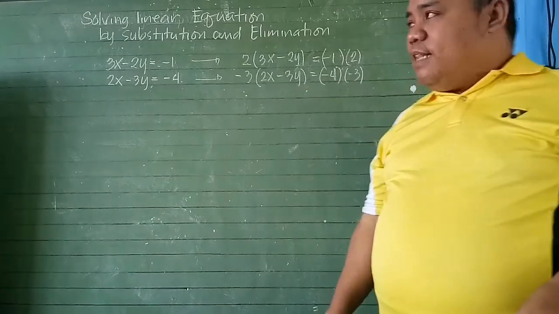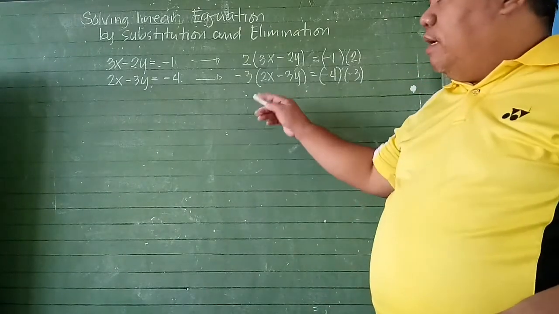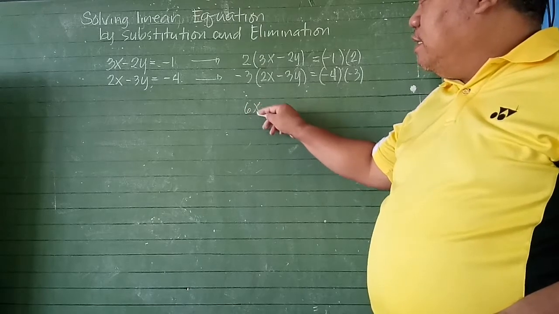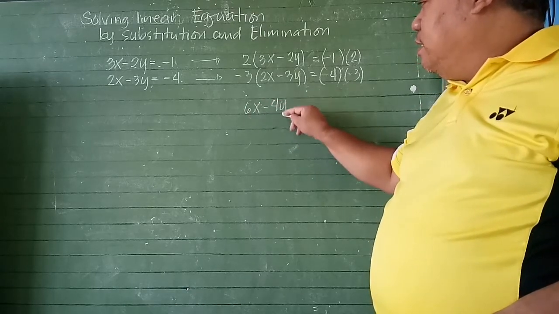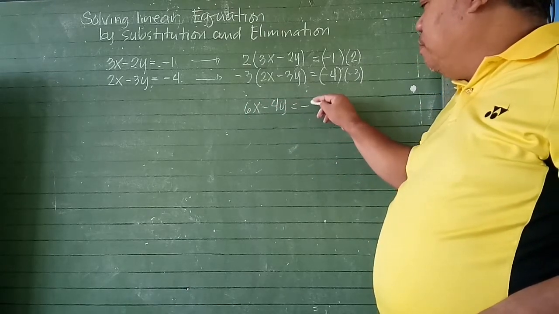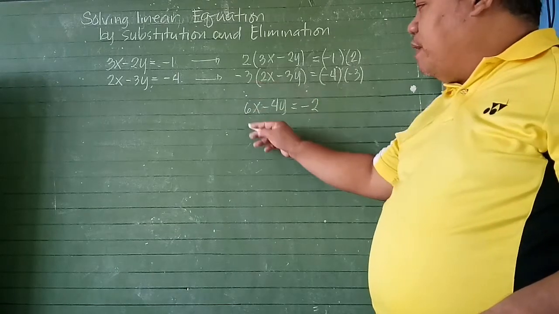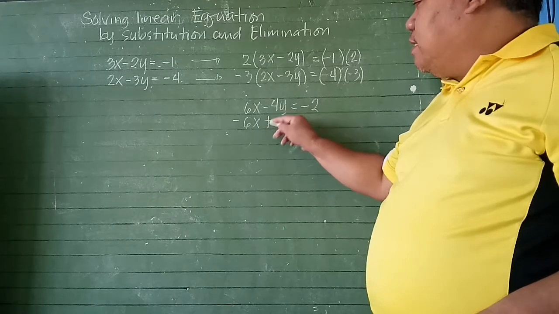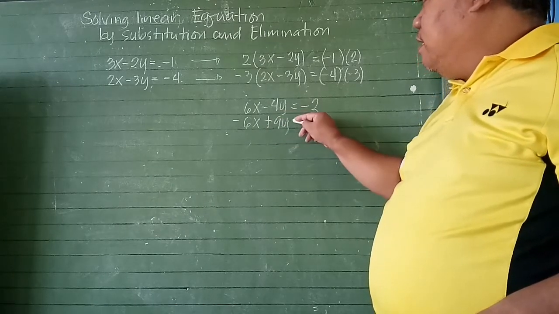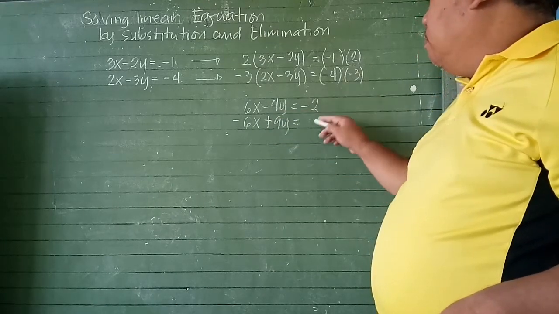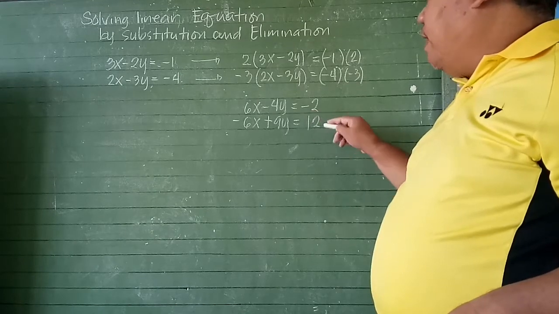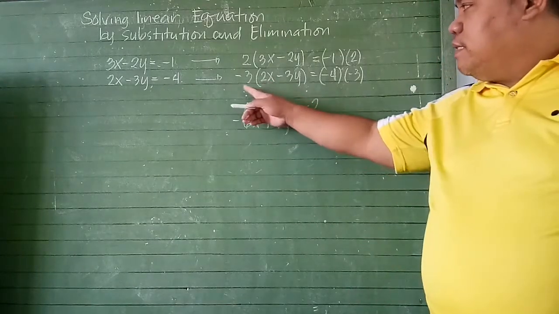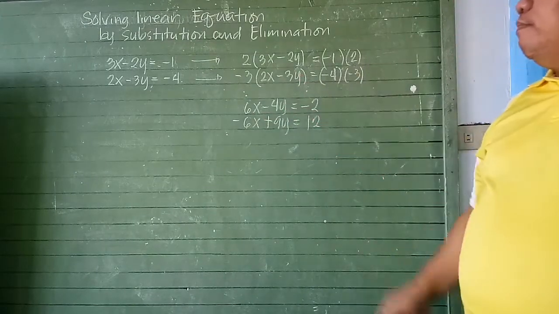So then let us solve. The upper becomes 6x minus 4y is equal to negative 2. And the lower part becomes negative 6x plus 9y is equal to 12. So check: negative 6, 9, then 12.